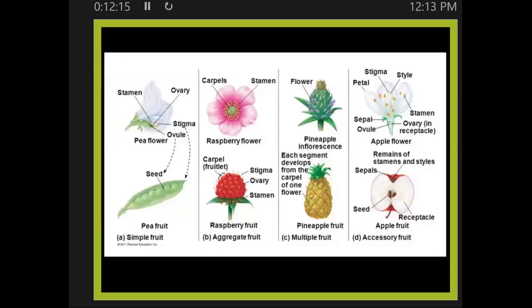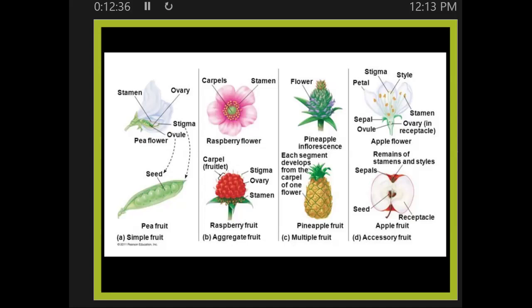This next image gives some more examples of simple fruit. They're showing pea. So again, a lot of people don't even know that peas in a pod are actually fruit. It's a dry fruit.